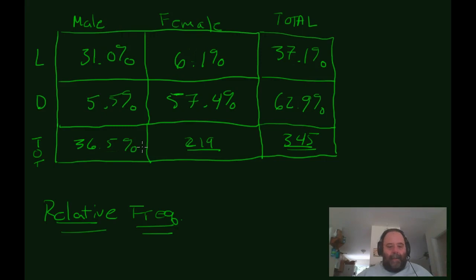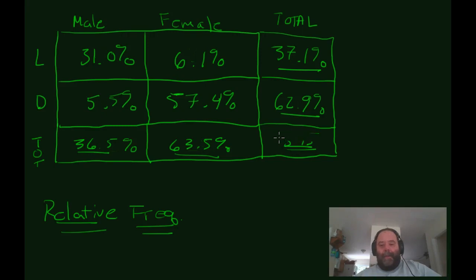And finally take the 219 here, divide that by the 345, and I get 63.5%. And there's one last obvious piece here: if I take 345 and divide it by 345, I'm of course going to get 1, which is 100%, of the whole.